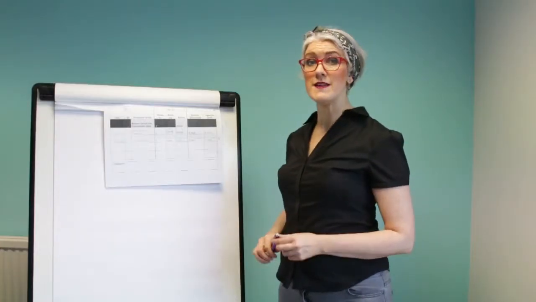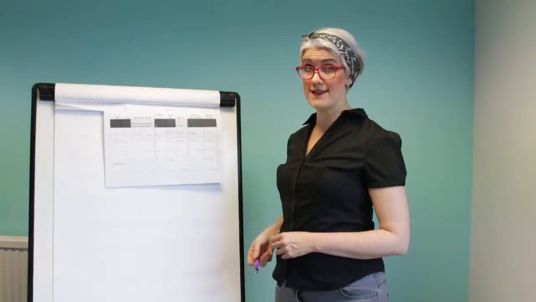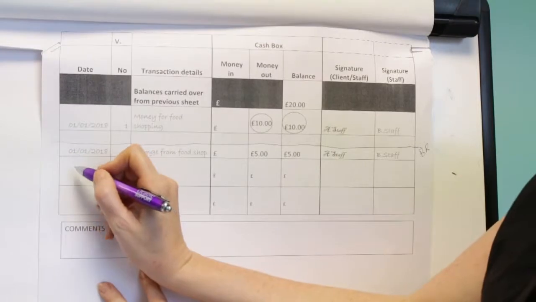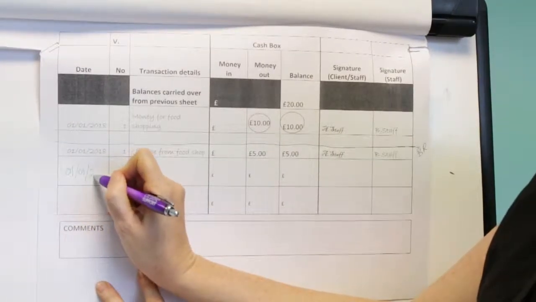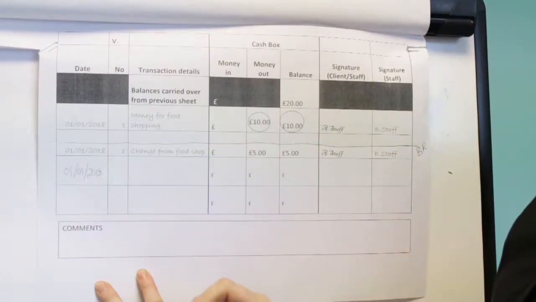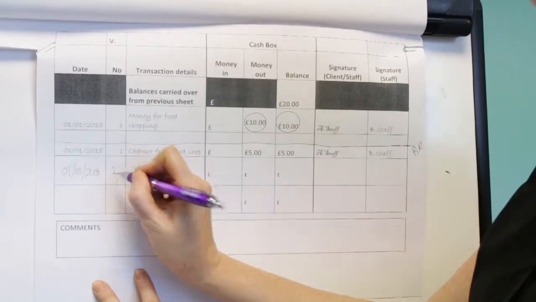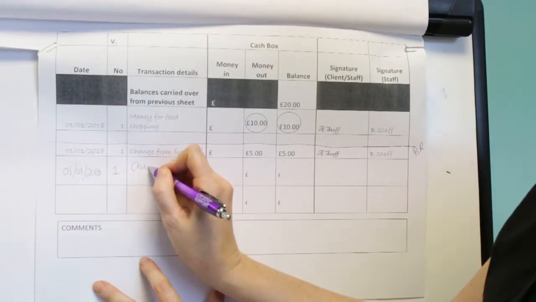Now what we're going to do is complete the line as it should have been on the row directly underneath. So in this case, the date was 1st of the 1st, 2018. It relates to folio number 1, so we'll put that in there. The transaction details were change from food shop.